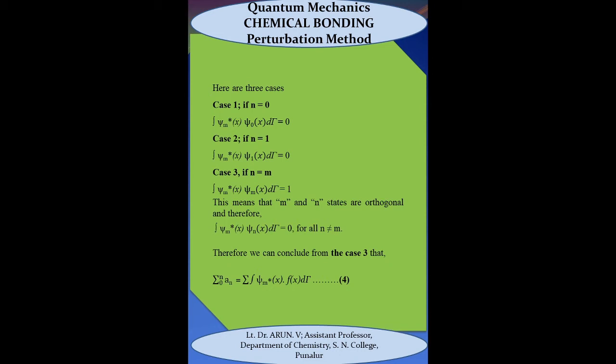This means that m and n states are orthogonal, and therefore we can write the integral of psi m star(x) psi n(x) d-tau is equal to 0 for all values where n is not equal to m. Therefore, we can conclude from case 3 that a_m is equal to the integral of psi m star(x) f(x) d-tau.